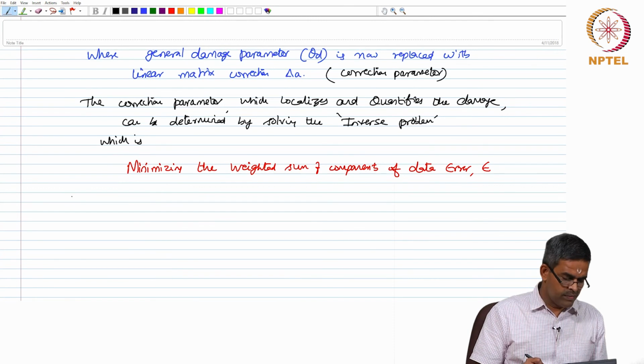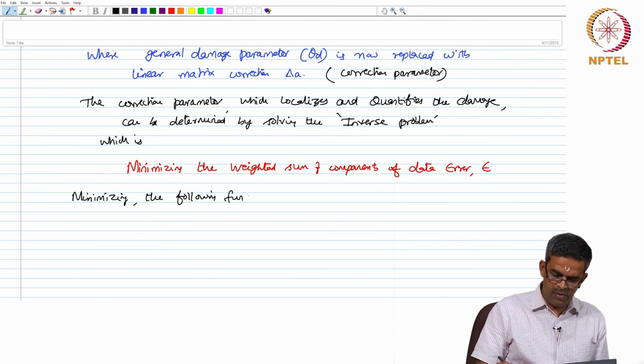So, now the problem is reduced to a minimization function, minimizing the following function with epsilon.